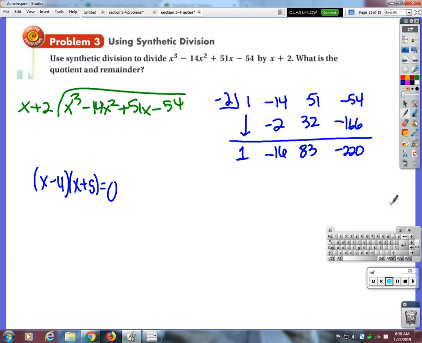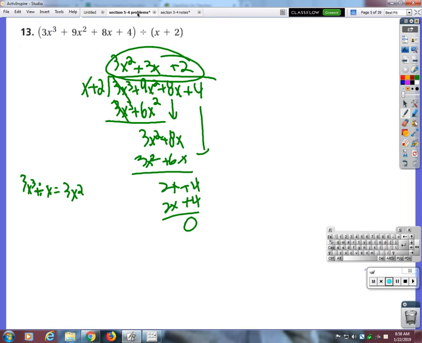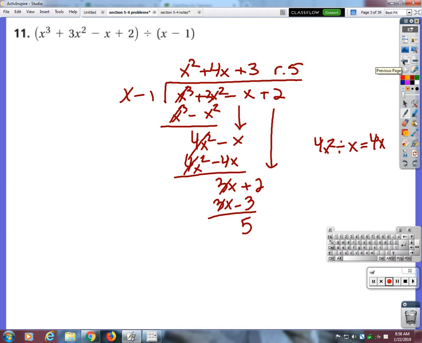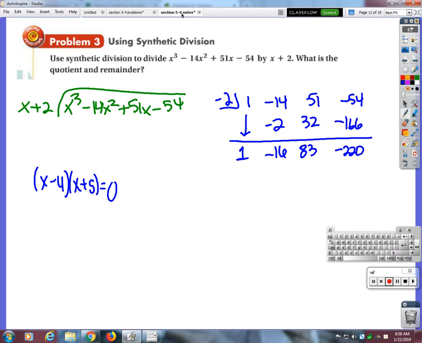We're done. Okay? We started out with an x cubed. I don't know if you noticed, but every time we did these long division problems, if I started out with a cube, the first term in my answer was squared. So since here I started out with a cube, the first term in my answer is going to be squared.